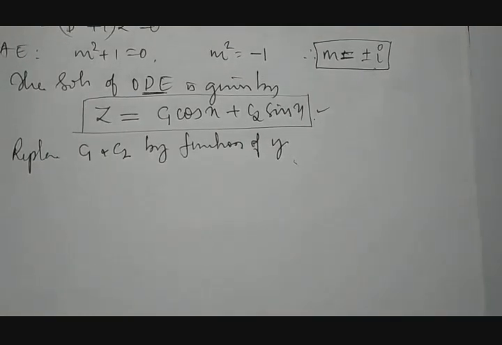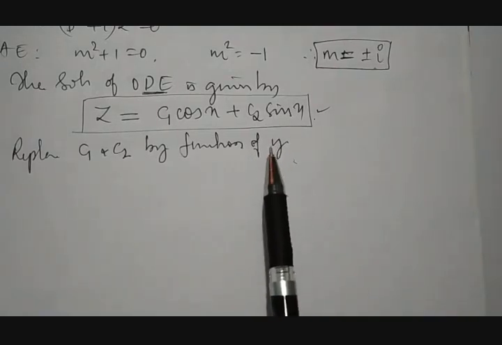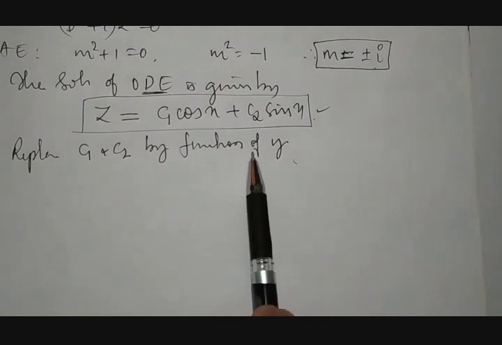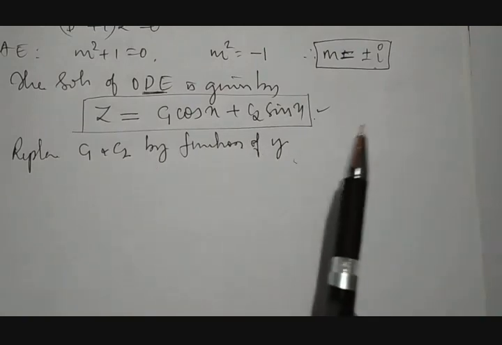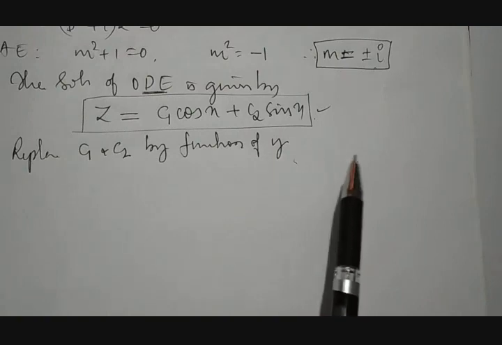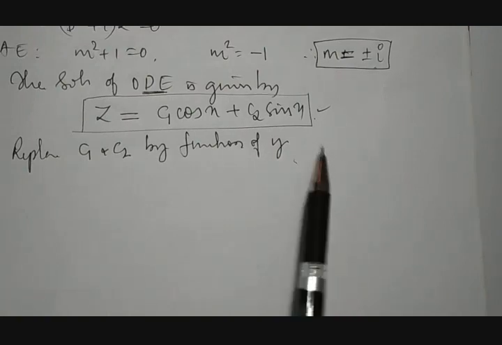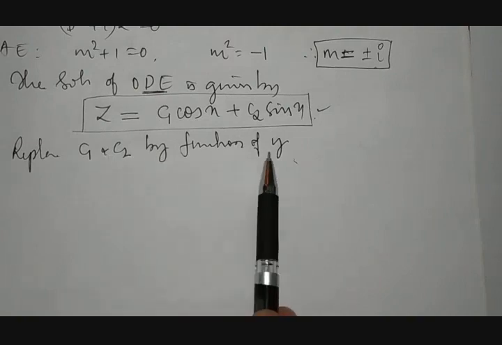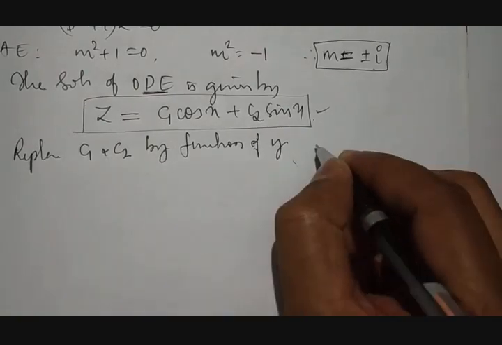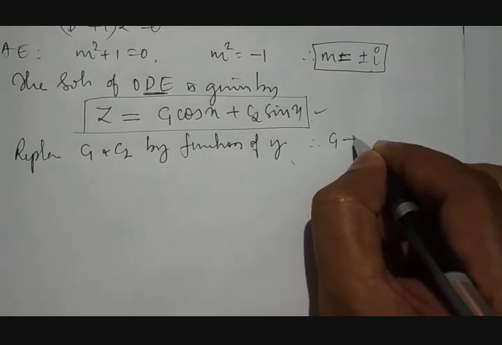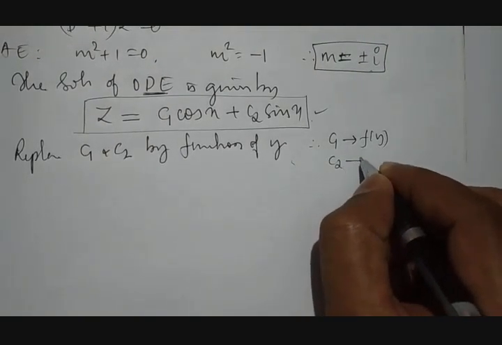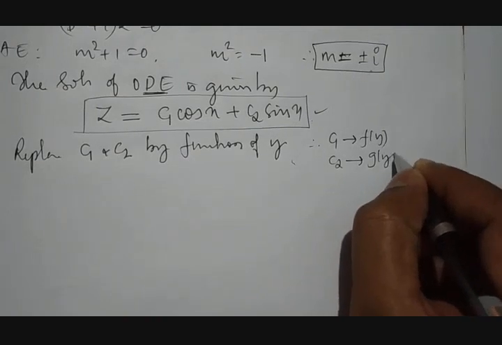If the differential equation is differentiated with respect to x, then we need to take the C1 and C2 replacement in terms of a function of y. If the given derivative is with respect to y, then we take functions of x in place of C1 and C2. Therefore, C1 will be replaced by f of y and C2 will be replaced by g of y.